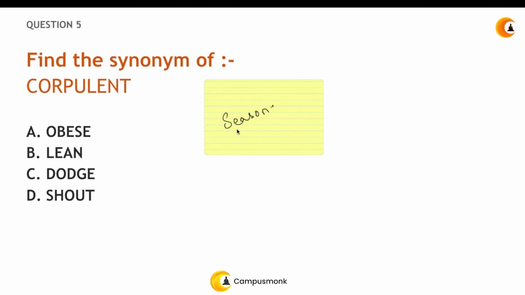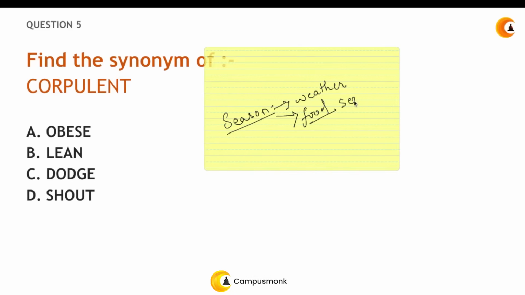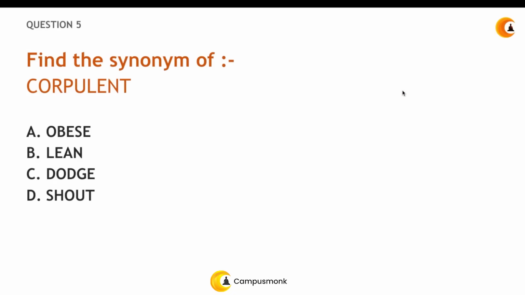One season refers to the weather, the other refers to the seasoning that you do in all the food items, right? The different seasonings that you get, may that be Italian herb, Mexican herb, anything, right? But the spelling remains the same.